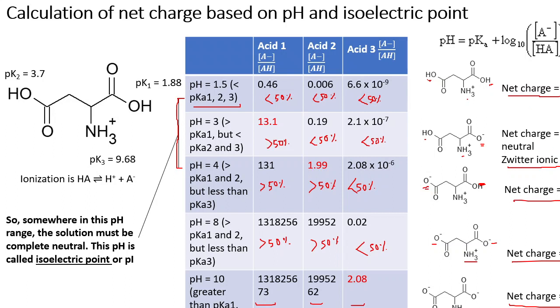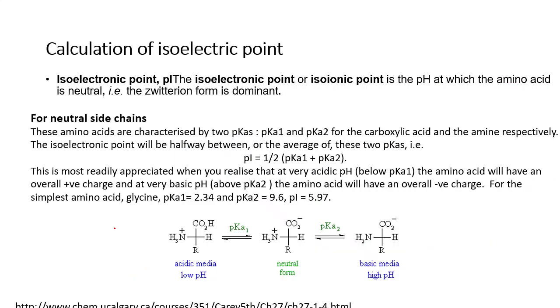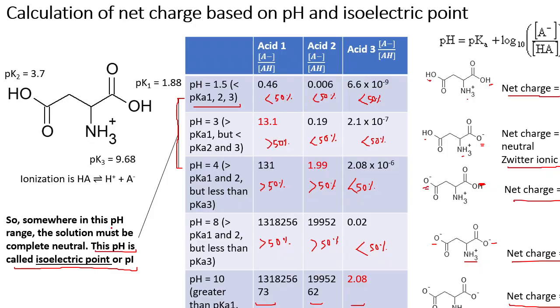So that is called the zwitterionic form. The solution will be neutral. Okay. So that particular pH is called isoelectric point. The pH at which the amino acid is completely neutral, or the solution is completely neutral. Okay, so I'll stop here.